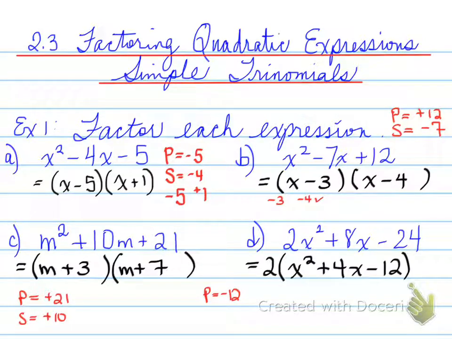What product is negative 12 and sum is positive 4? Hopefully you remember from the example in part B that we're looking at the numbers positive 6 and negative 2. Because positive 6 times negative 2 is negative 12 and positive 6 plus negative 2 gives us positive 4. So the product and the sum works here, folks.